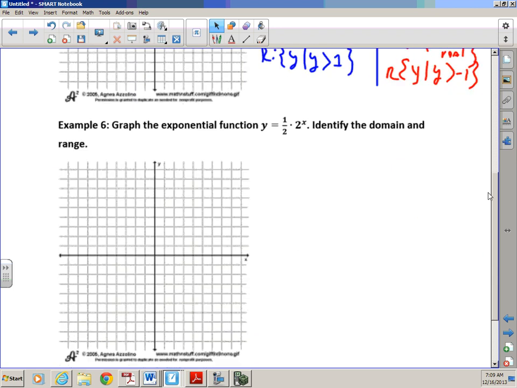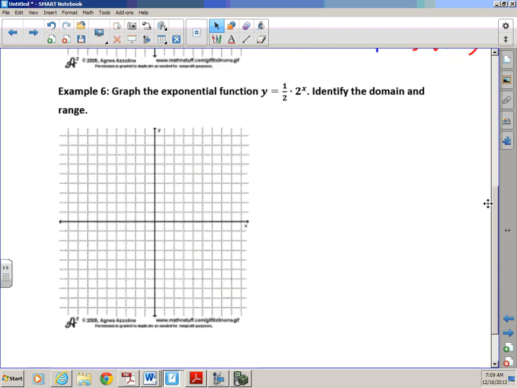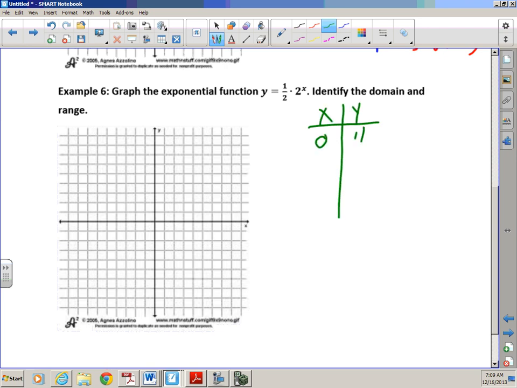Okay? Then lastly, I have y equals 1/2 times 2 to the x power. Again, you're plugging this into your calculator. You're not doing this by hand to get these values. Okay? You're going to plot the points.